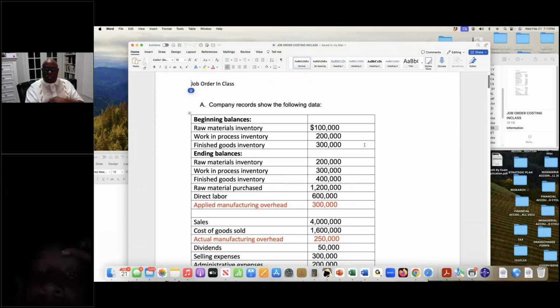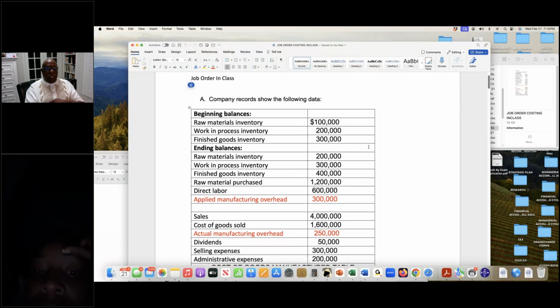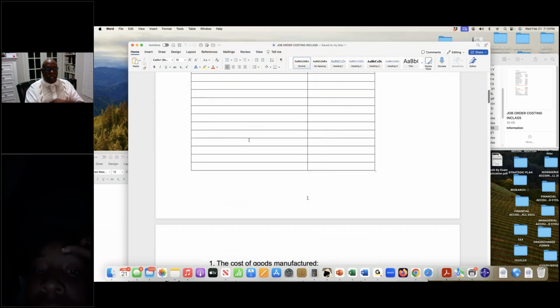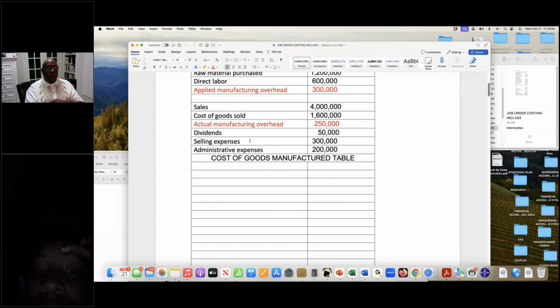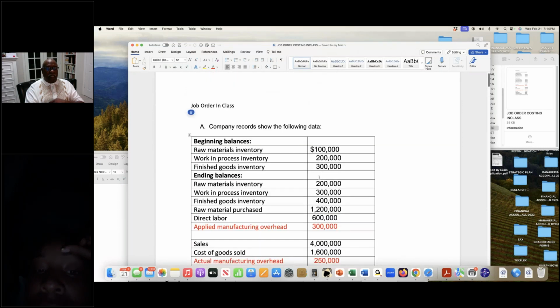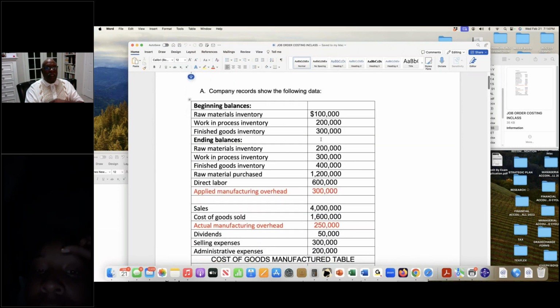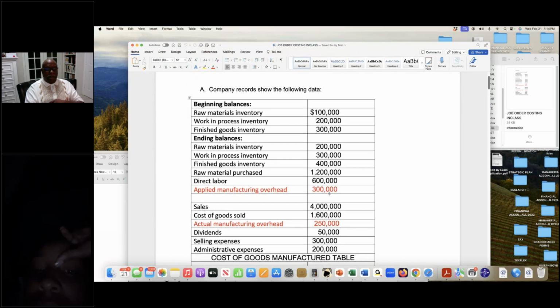As we begin to work, we'll be ready to do the midterm. We start with just the accounts and calculate the cost of goods manufactured table. So you got the chart on how it works. All the work is done here. You just got to put the accounts in the right place.